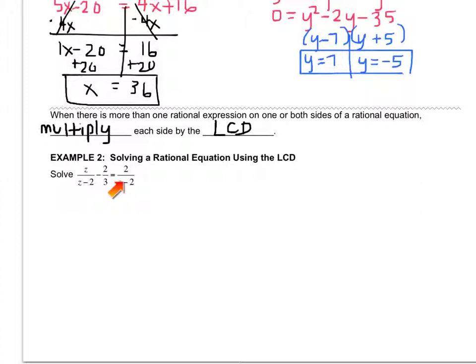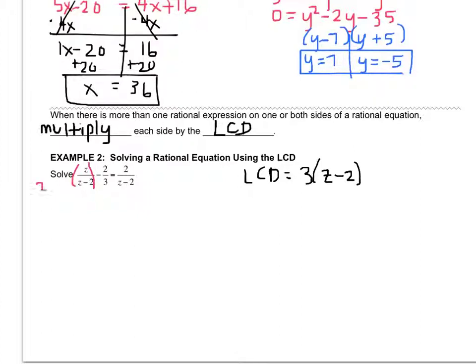You can do that, but I want to just show you another way. So the least common denominator of these three is 3 times z minus 2.